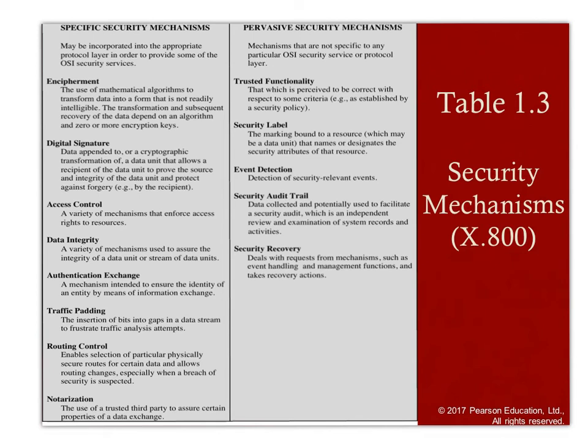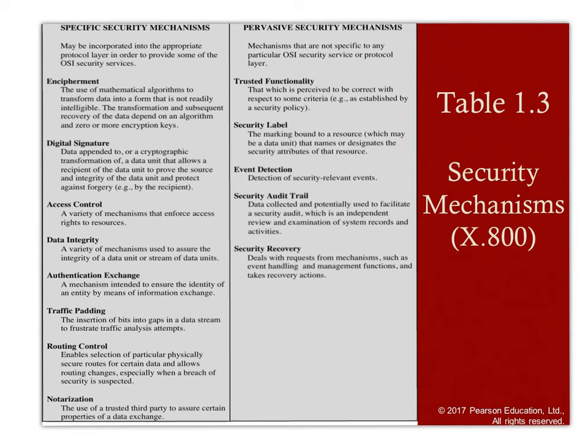And these security mechanisms can be specific security mechanisms, for example, mechanisms that target a specific layer, a mechanism used in a specific location or a specific layer. Or they can be pervasive security mechanisms, which do not necessarily target a specific layer. Okay, so we need to talk about the two types.